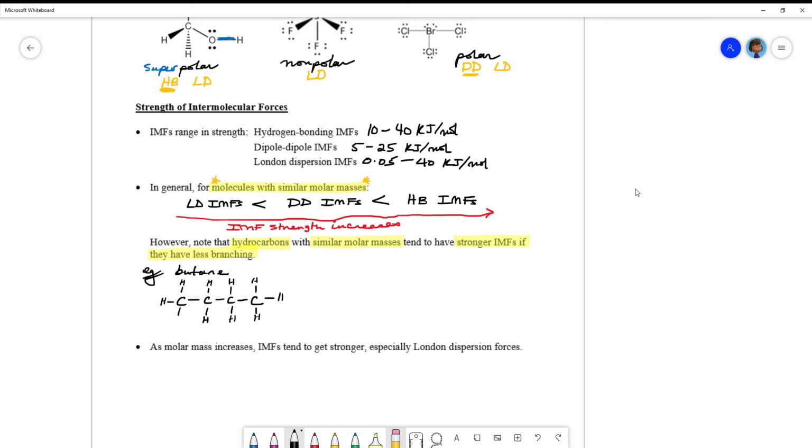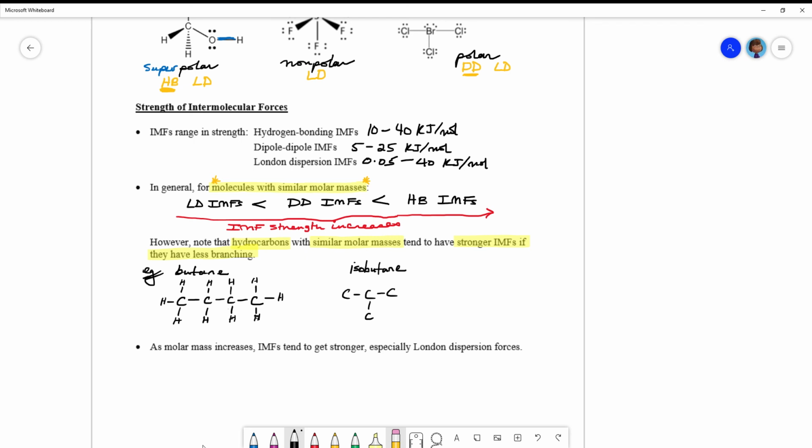Now, an isomer of butane, which has the exact same number of carbons and hydrogens and therefore has the same molar mass, is called isobutane. Isobutane has a chain of 1, 2, 3 carbons, and the 4th carbon is hanging off the middle carbon here.